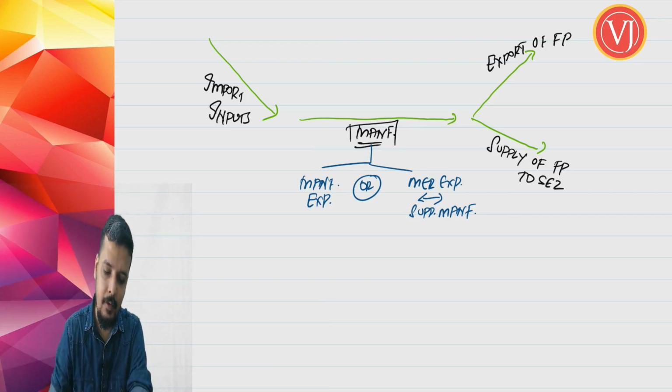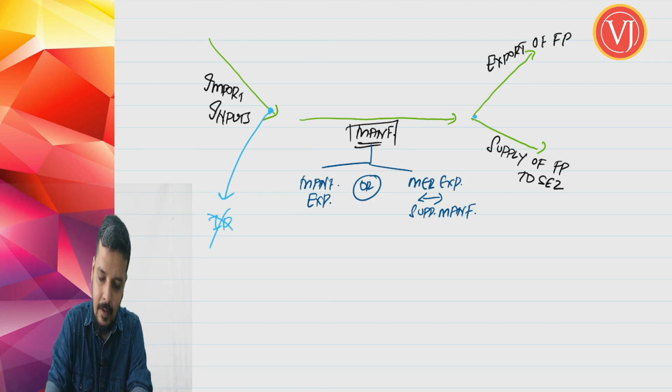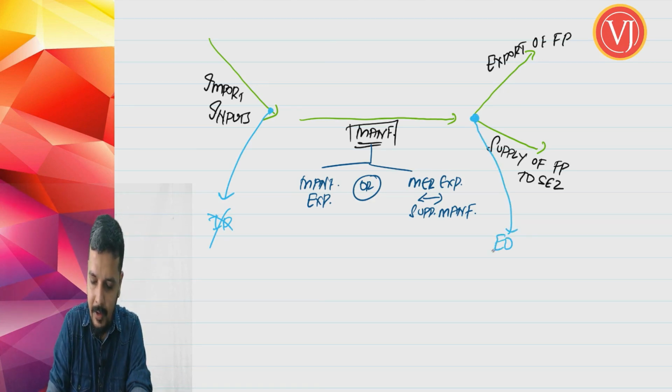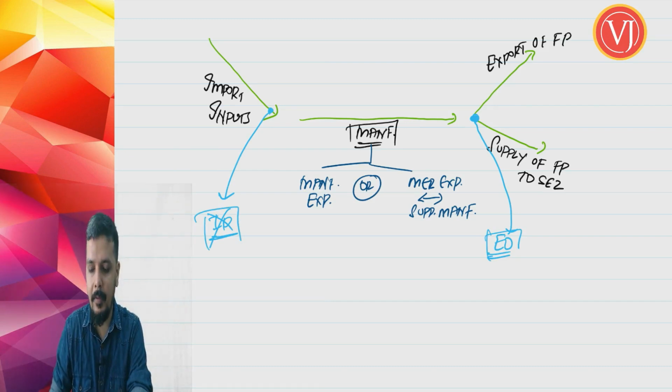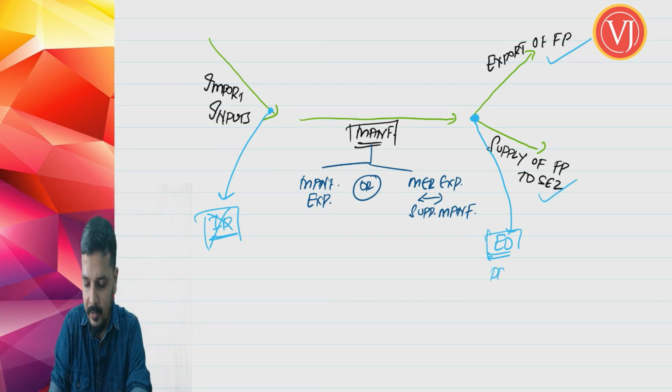Now you are talking about what scenario? Here friends, your import duty is not paid, and when you are fulfilling your export obligation, this export obligation will be counted. Whether it is export of final product to outside India or supply of final product to special economic zone, it will be counted in your export obligation.